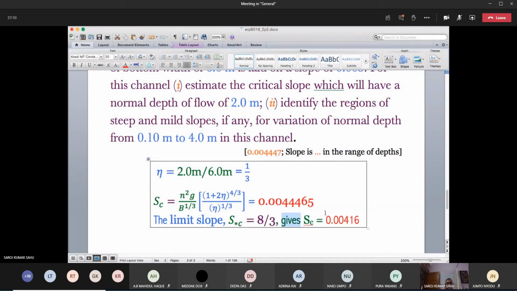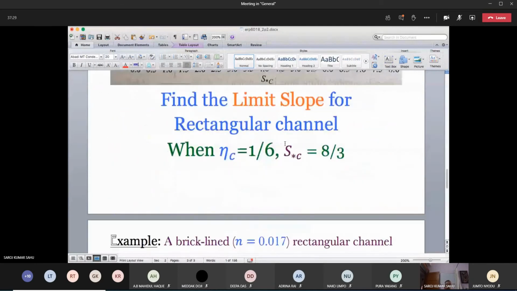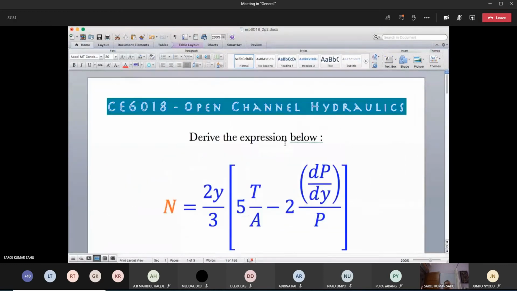So this is the critical slope, and all the slopes smaller than this will be flatter. If the slope decreases, the depth of flow will increase, from the Manning's equation. Look at the Manning's equation.